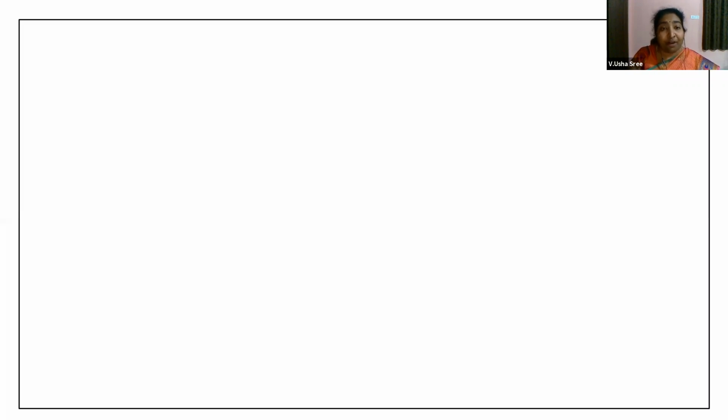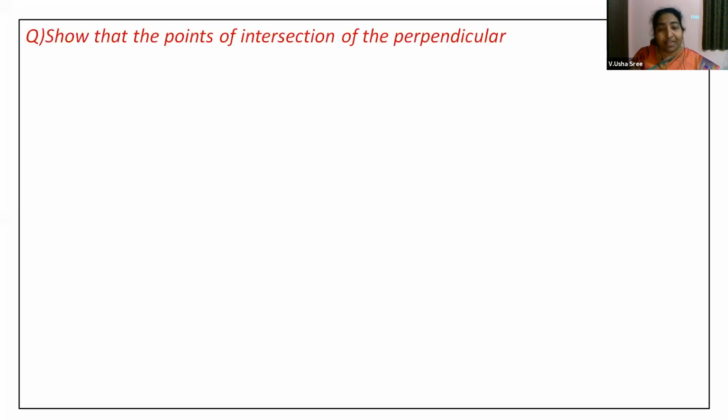Not only that, I made a mention of one more statement or the definition of a director circle that we will try to prove today. Okay, show that the points of intersection of the perpendicular tangents to an ellipse lie on the circle. Now, when they lie on a circle, that circle is nothing but your director circle. Got it? So that is what we are going to prove today.